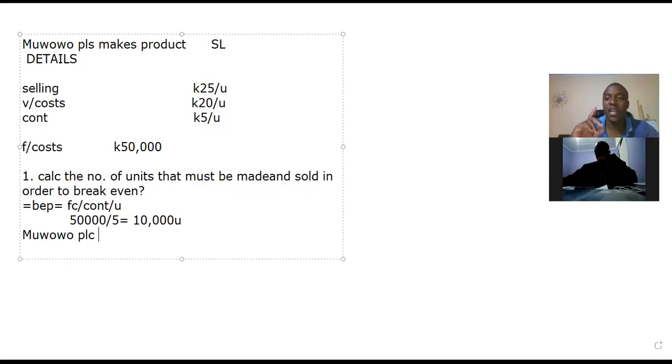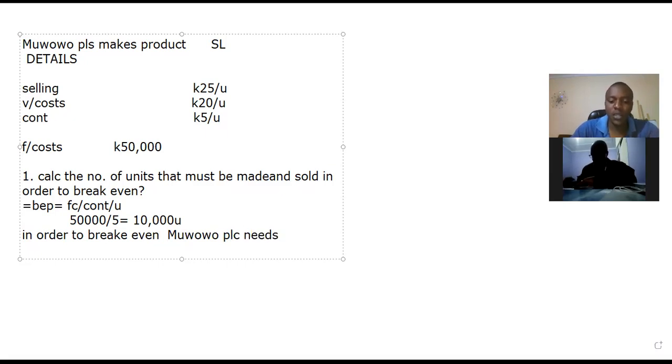So, in the exam, you say, more POC, have you seen? Or maybe let's do this. Let's begin with, in order to break even, then you say more POC needs to produce, and sell.